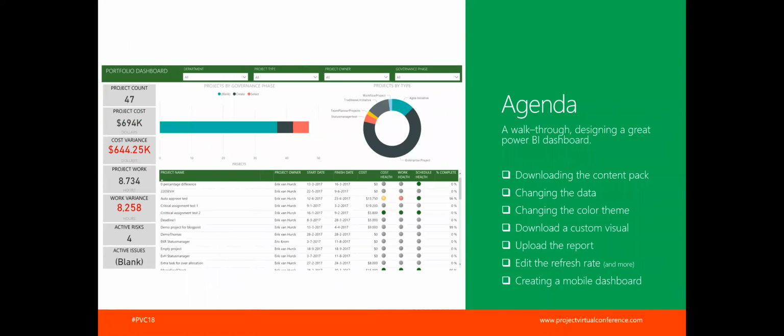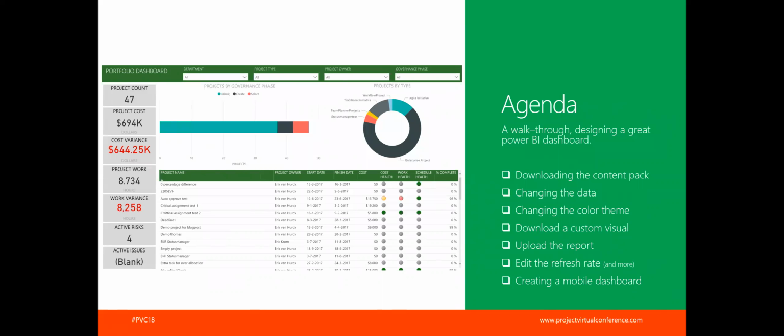On to the agenda. For those who saw the previous session by Colin, this screenshot might look familiar because this is the content pack that Microsoft released last year. We're going to do a walkthrough. Each and every one of these steps is reproducible right from the bat on your side, wherever you are.